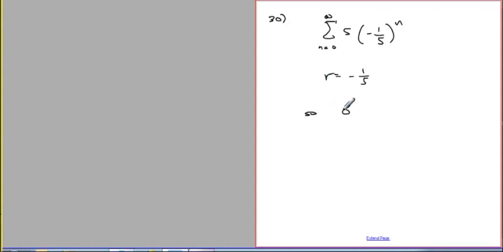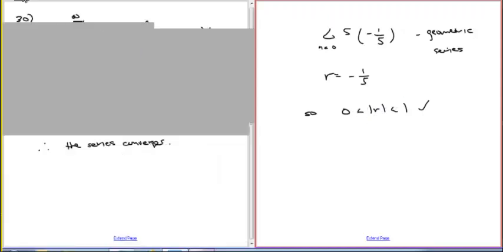So the absolute value of r is between 0 and 1. Therefore, the series converges. So first thing you have to do is recognize it's a geometric series. Once you do that, then you identify r, then you take the absolute value, see if it's between 0 and 1. If it does, then the series converges.